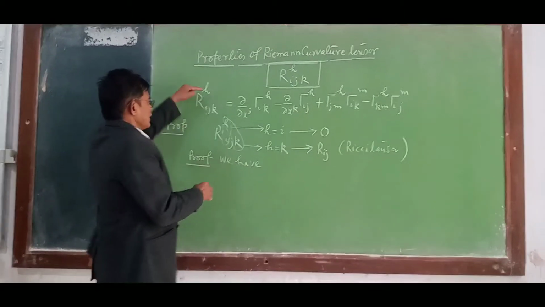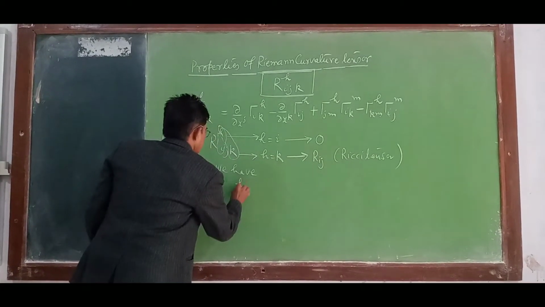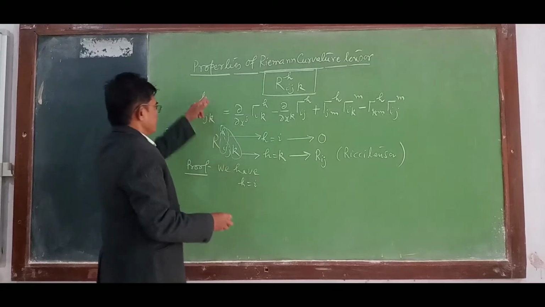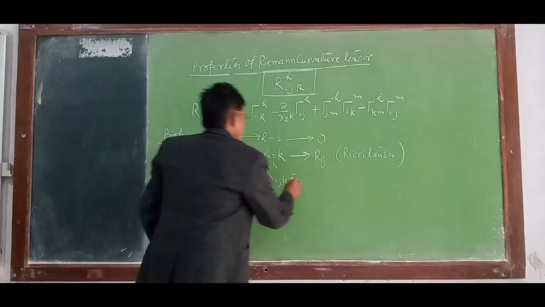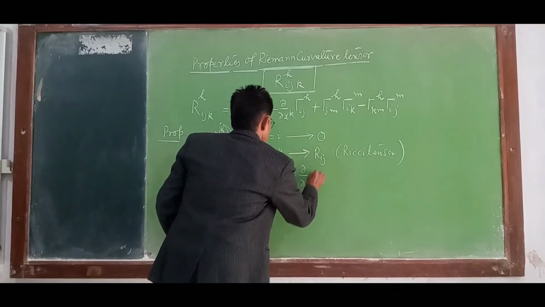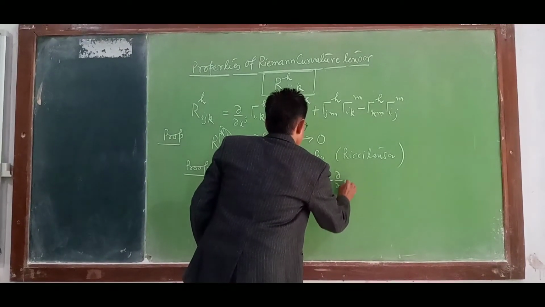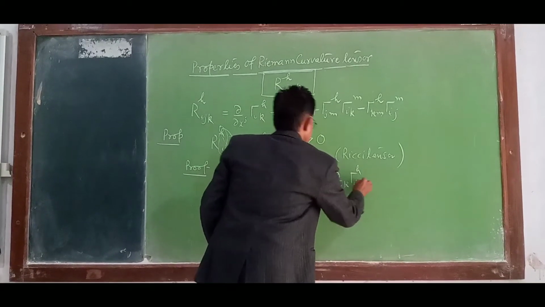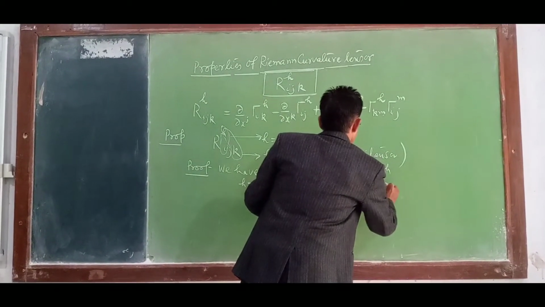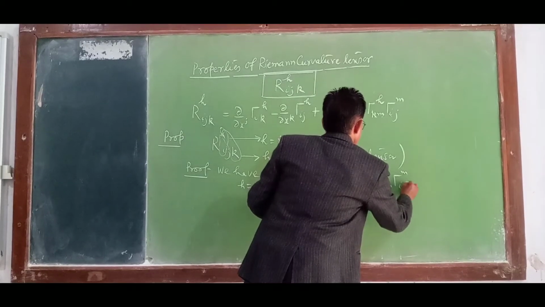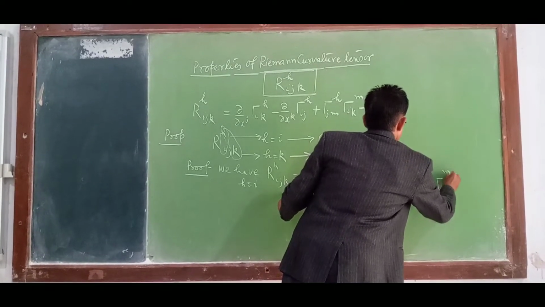So by putting h equal to i in this definition, we have R^h_{ijk} equal to ∂/∂x^j Γ^h_{ik} minus ∂/∂x^k Γ^h_{ij} plus Γ^h_{jm} Γ^m_{ik} minus Γ^h_{km} Γ^m_{ij}.